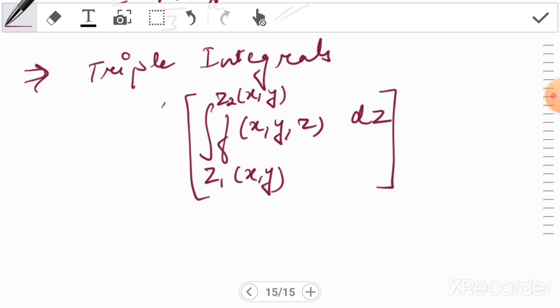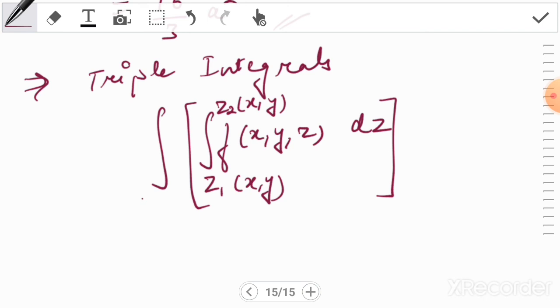First you integrate f of x, y, z with respect to z between the limits z1 and z2 keeping x and y fixed. Then the resulting expression is integrated with respect to y between the limits y1 and y2 keeping x as constant.